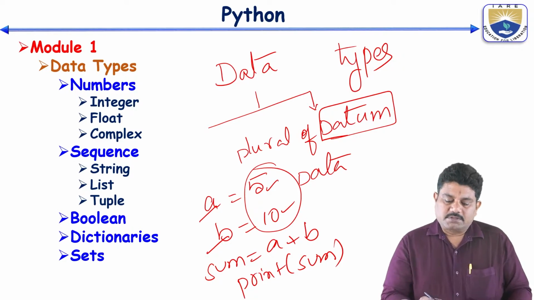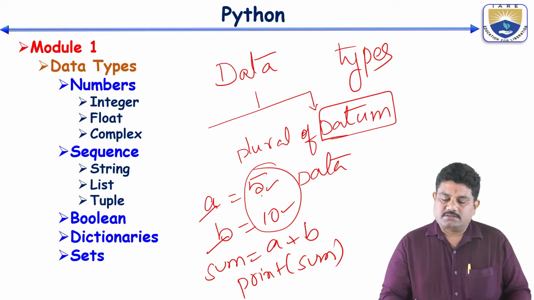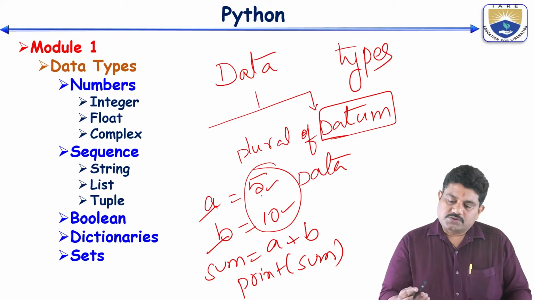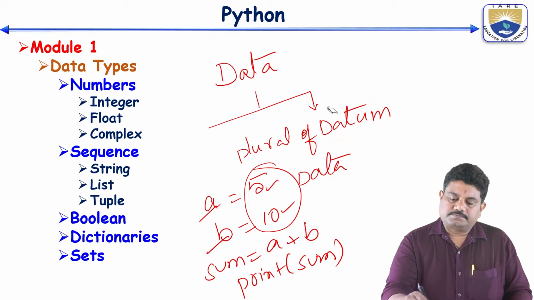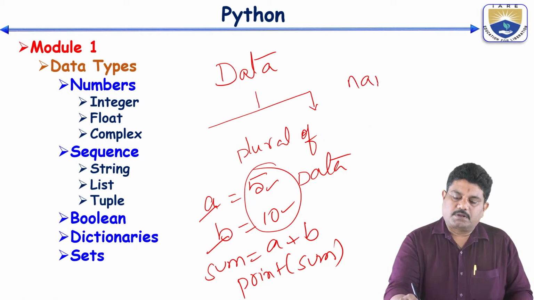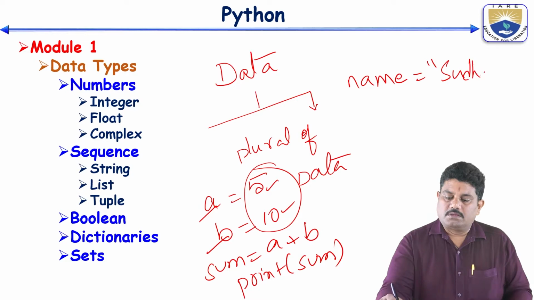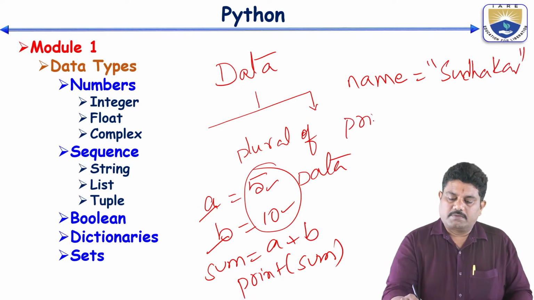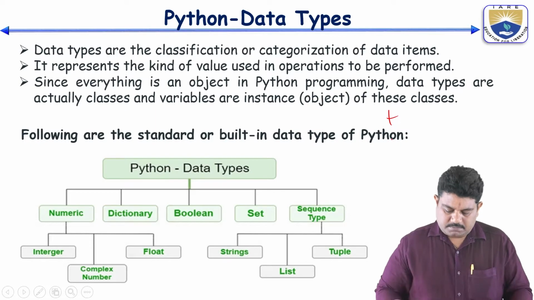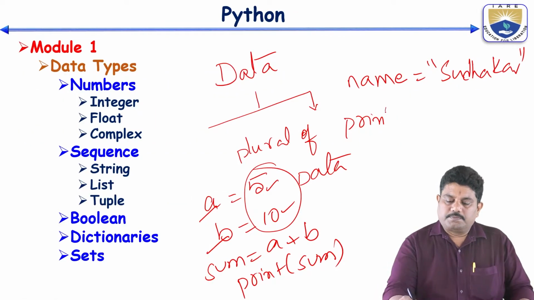Sometimes this may be integers, sometimes it may be a string also. For example, see another program: name equal to Sudhakar, and I want to print my name, so print name.